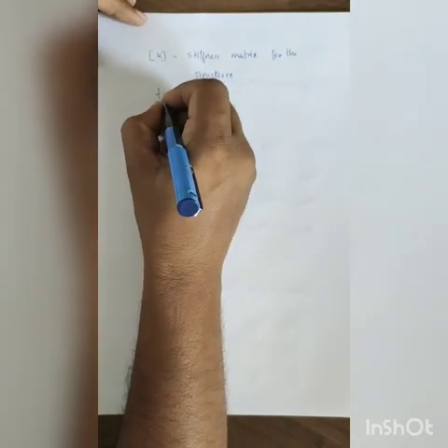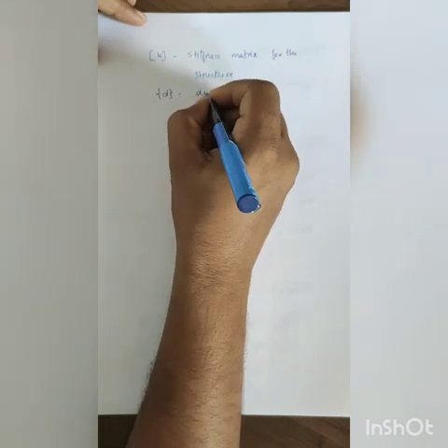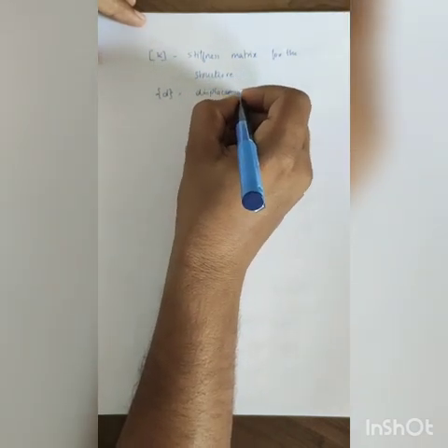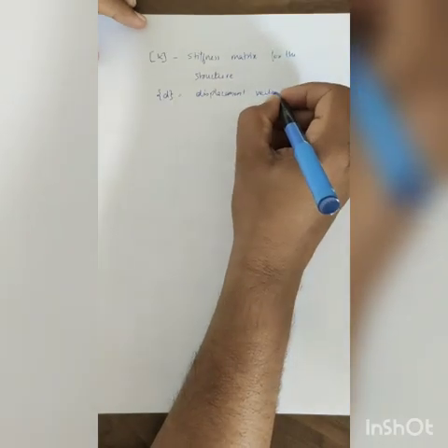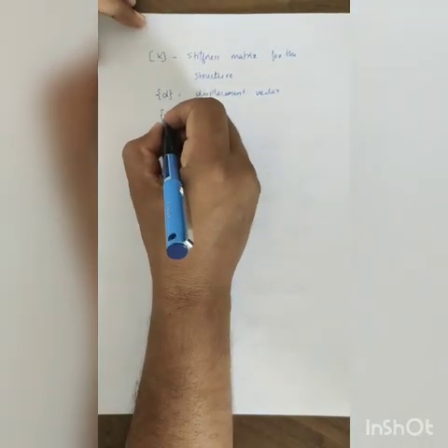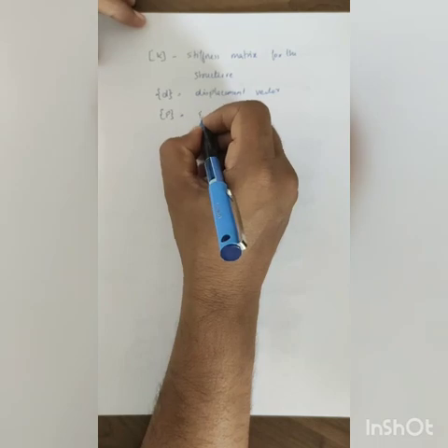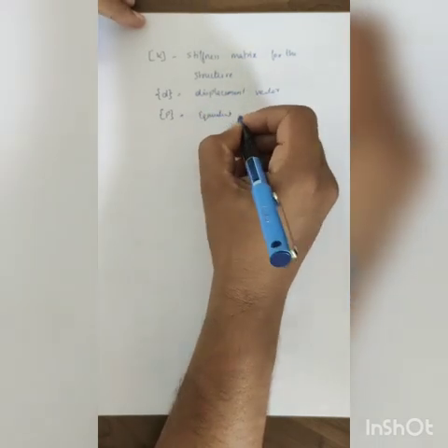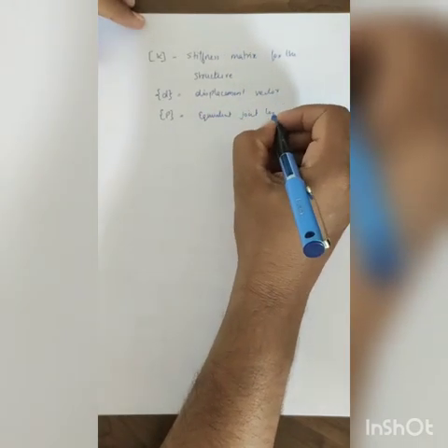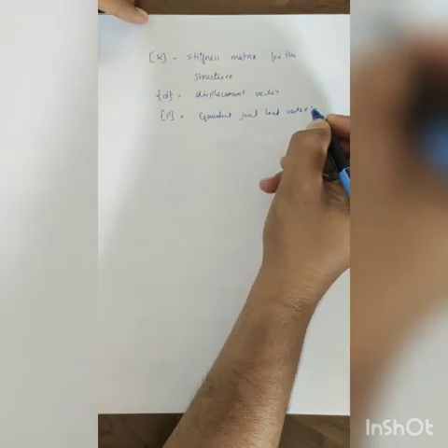After that we have a displacement vector, so we call it the displacement or unknown displacement vector. Now we have the equivalent joint load vector. Why do we call it an equivalent joint load?